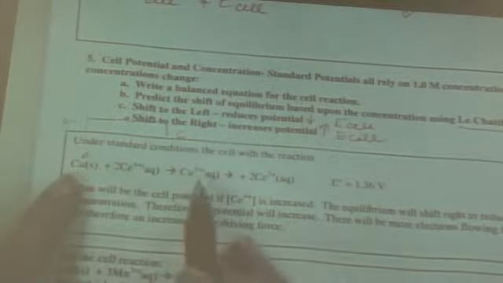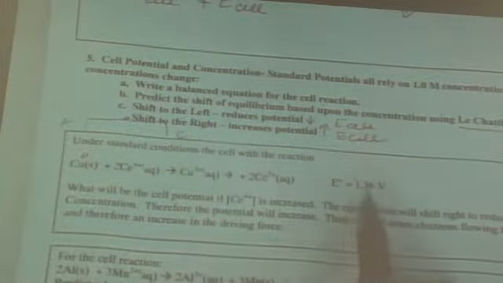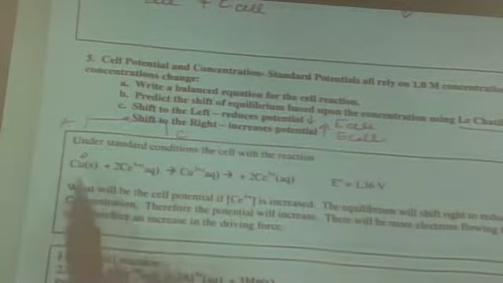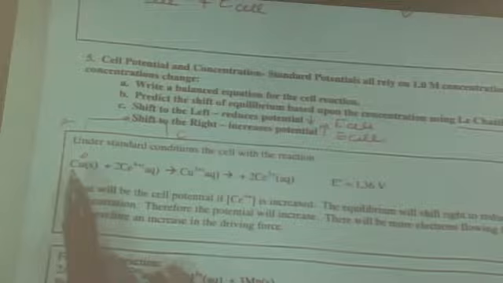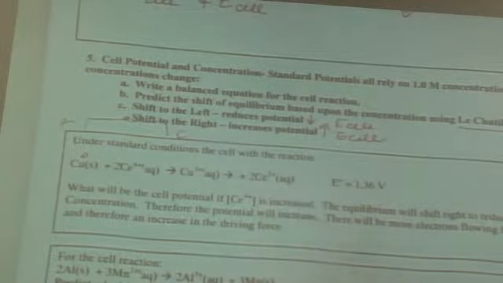So when this happens in this direction, electrons will move and you will have a positive cell potential. And at standard conditions, the concentration of everything would be 1 molar.